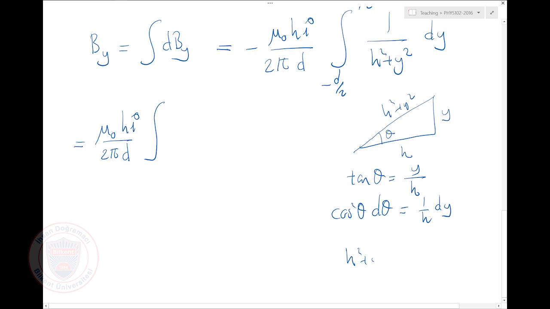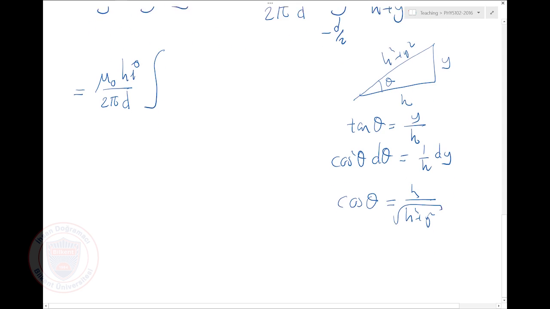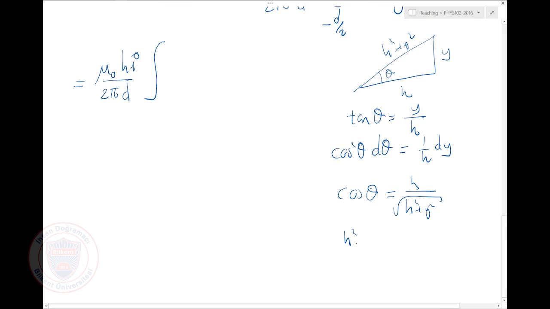Now what is h squared plus y squared? Cosine theta is h divided by the square root of h squared plus y squared. So h squared plus y squared I can write as h squared divided by cosine squared theta.